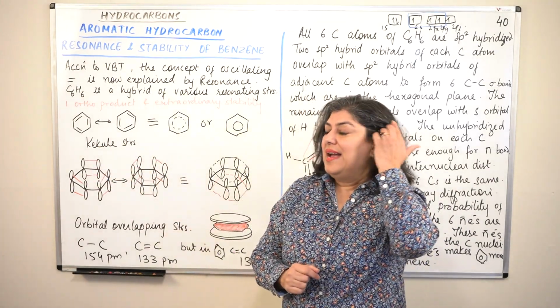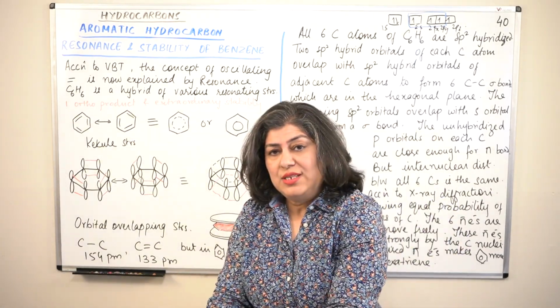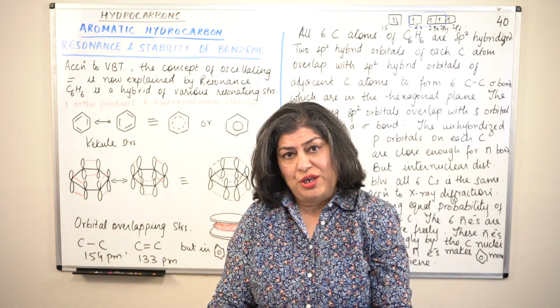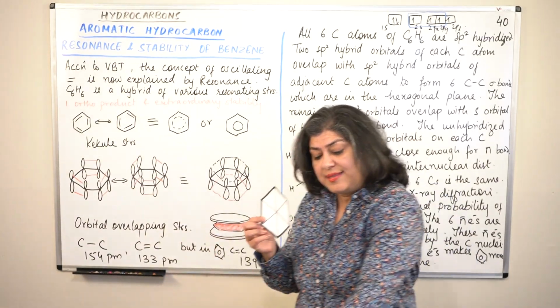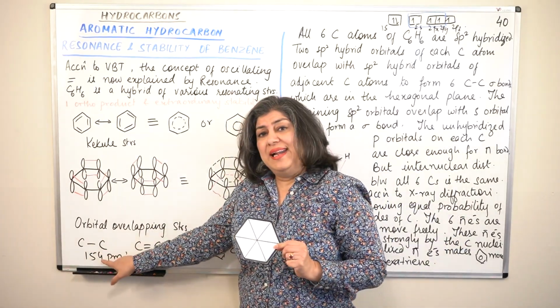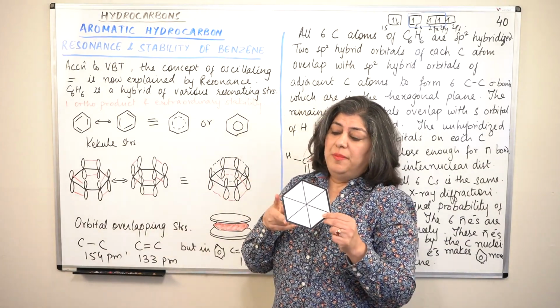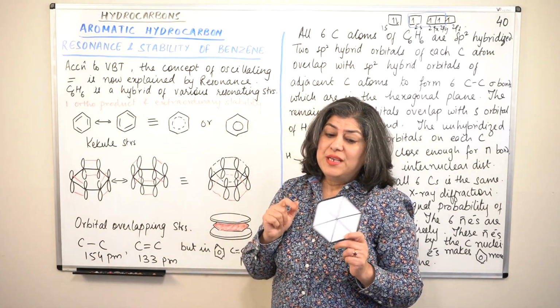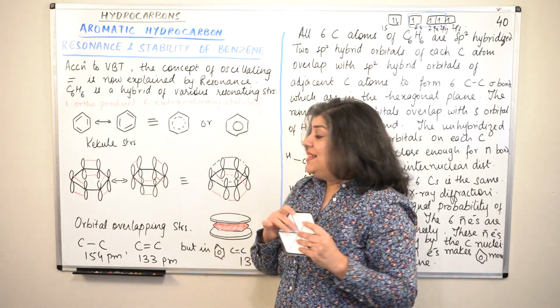Now going ahead, I told you that scientists had now realized that this was a very symmetrical structure. The benzene ring was a very symmetrical hexagonal ring. And according to bond lengths, the carbon-carbon single bond length should be different, carbon-carbon double bond length should be different, but all the bond lengths were equal. What did this explain?